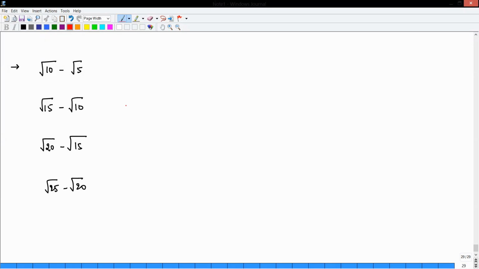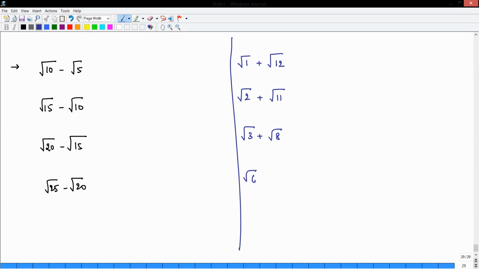They'll ask you which of the following is the bigger or the largest. Which of the following is the largest from the first set and the second set?